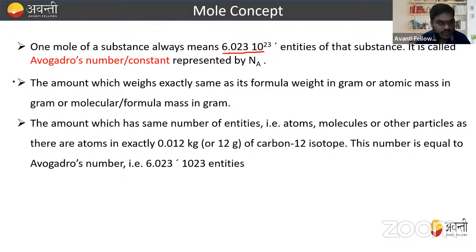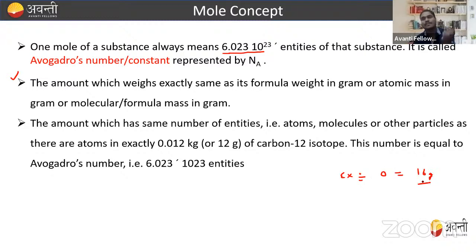Good. Now, the amount which weighs exactly the same as its formula weight in gram, or atomic mass in gram, or molecular formula mass in gram, is also known as 1 mole. For example, if I'm talking about oxygen, we all know that oxygen has 16 gram of mass.